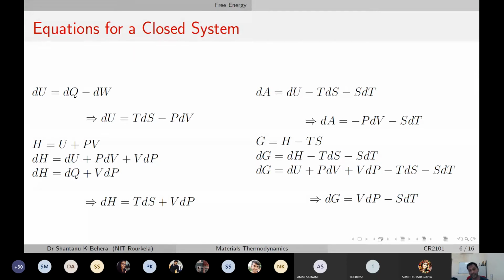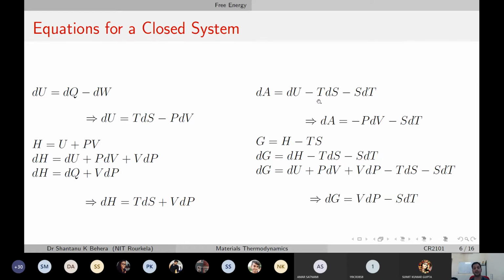Now talking about the free energy counterparts of these energy functions, you talk about dA. You know that A is U minus TS, that is dU minus TdS minus SdT. And from here, since TdS is dq and dq is dU plus PdV, so this is dU minus dU plus PdV.